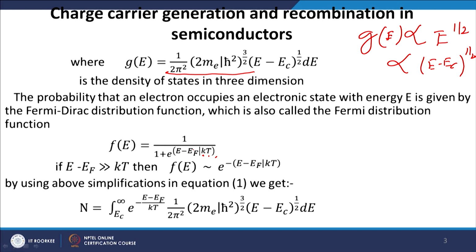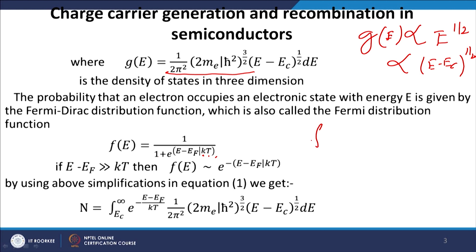Now, if we consider that E minus Ef is very much greater than kT, then what will happen? This term e to the power (E minus Ef) by kT will be much greater than 1.